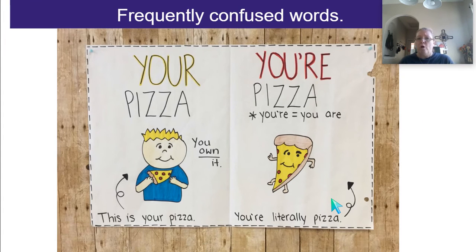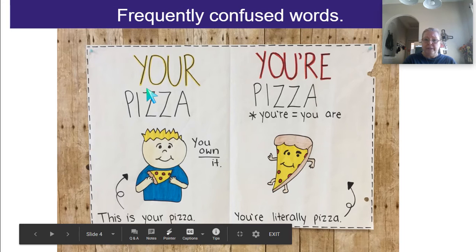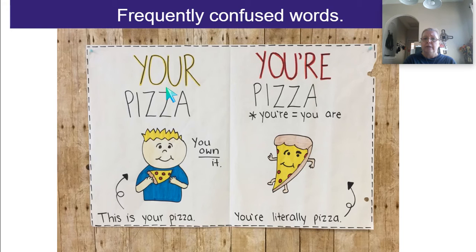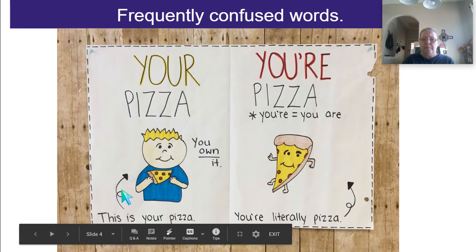Now we'll go over what your and you're mean. Your, with this spelling, Y-O-U-R, it's saying your pizza. You own it. You own the pizza. It is yours, okay? This is your pizza.